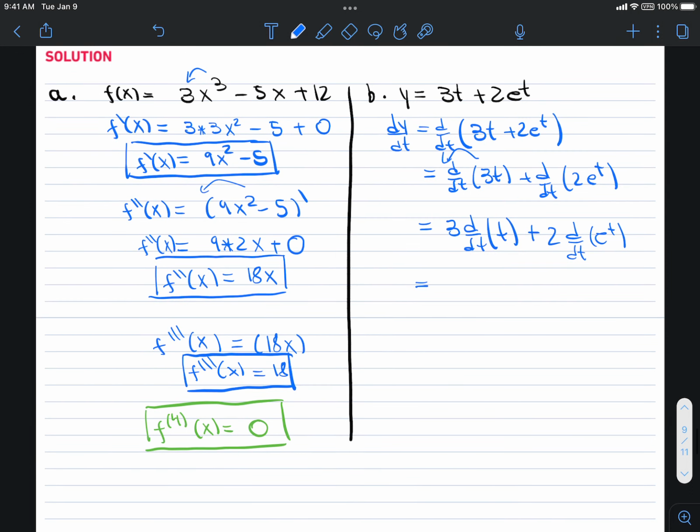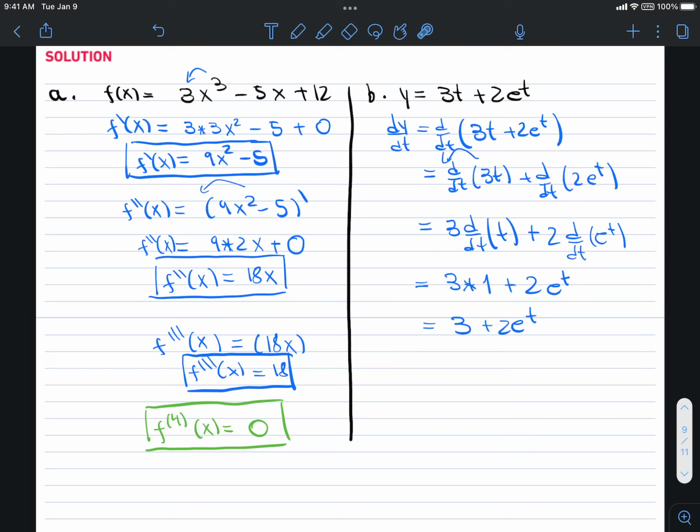And that will give me the derivative of t is just 1, because t is playing the role of x. So this is like the derivative of x. And the derivative of e to the t is just e to the t. That's the key property in terms of derivatives, the key property of the natural exponential. So that is 3 plus 2e to the t.